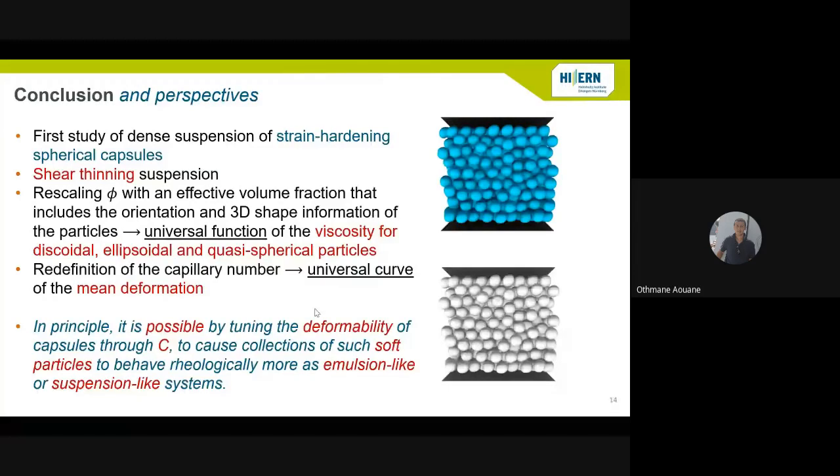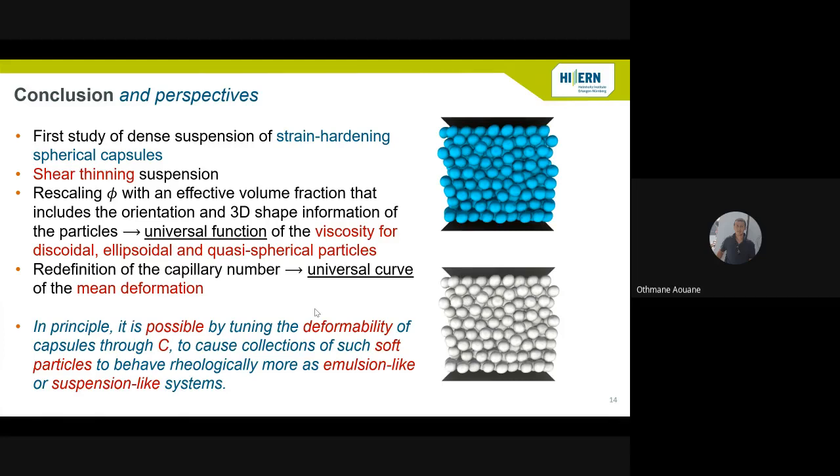So, conclusion. This was the first study of dense suspensions of strain-hardening spherical capsules. I dare to say that, since I came from continuum mechanics and used to work with integral equations, this work could not have been done with, let's say, the boundary integral method or something equivalent, because it's hard to parallelize this kind of code.